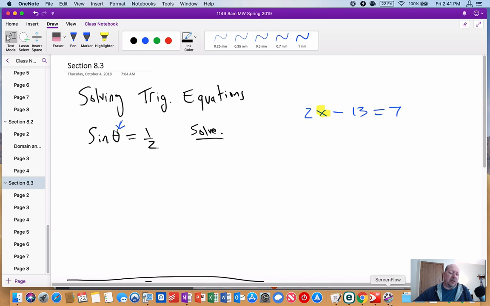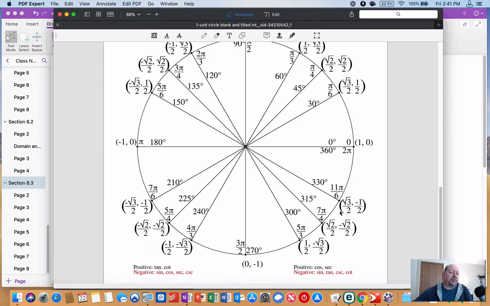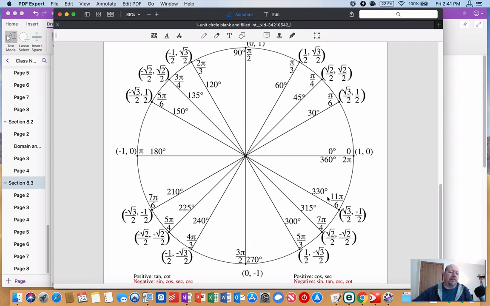So let's take our unit circle here and see if we can find some angles that have a sine value of 1/2. Remember, the sine is the y-coordinate. So here's pi over 6, that's 30 degrees. And then we have another one over here at 150 degrees, or 5 pi over 6.